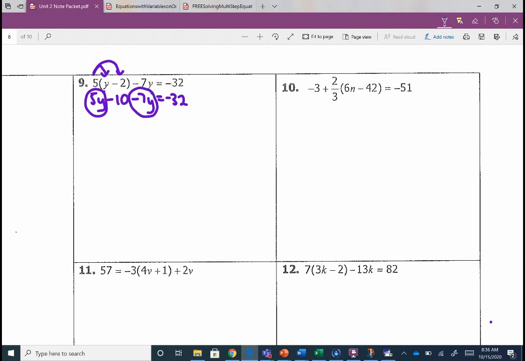I can put those two together because they both have y's. They're like terms. And based on our quizzes, we understand that. But we have to watch the sign. So +5 and -7, it's going to give me -2y. Not 12, not +2, but a -2. We have to be careful.